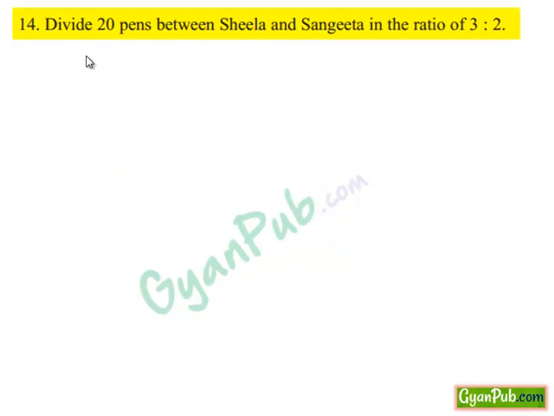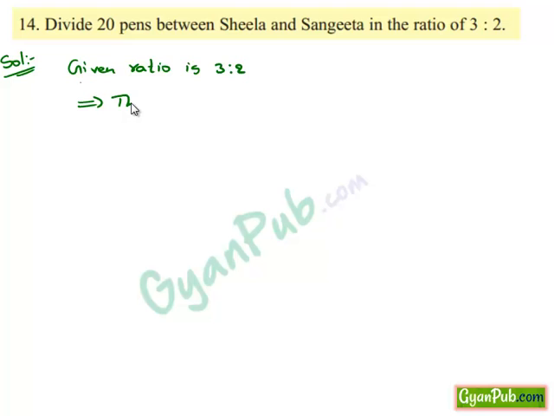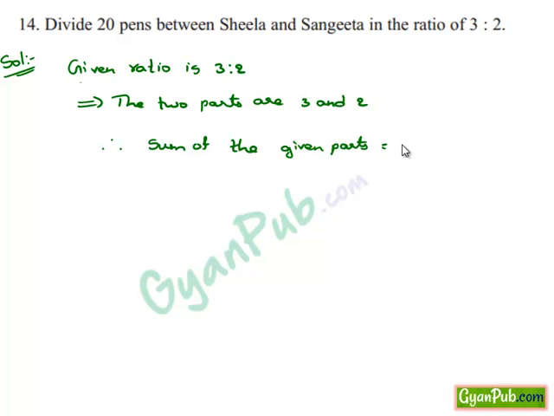Moving on to the 14th question. Divide 20 pence between Sheela and Sangeeta in the ratio of 3:2. Let's do the solution. Here given to divide 20 pence between Sheela and Sangeeta in the given ratio. The given ratio is 3:2 and the two parts are 3 and 2. Therefore, sum of the given parts is equal to 3 plus 2, which is equal to 5.